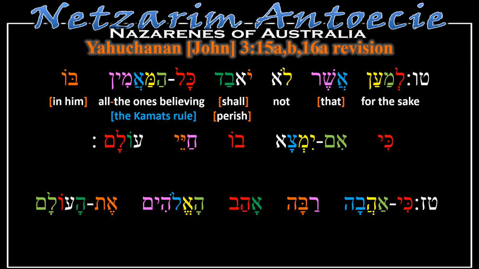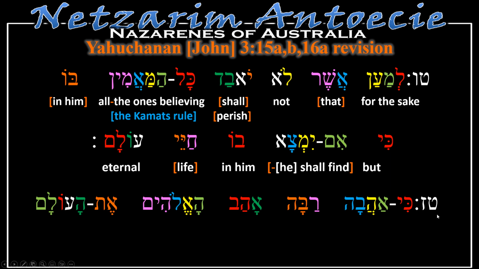For the sake that not shall perish all the ones believing in him. Ki im bat yimsa, he shall find, vo in him, chaye, which is life, construct form, olam, forever or eternally. But he shall find in him life eternal.